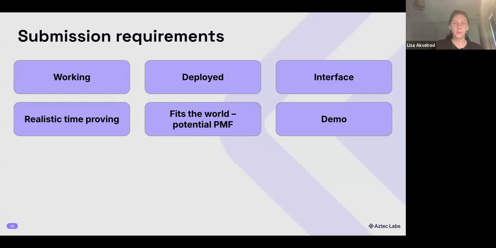It should have realistic proving time, meaning that, again, it depends on the particular case, but it might be maybe under a minute or something like that. A proving time of 10 hours does not sound like good UX. It should have potential product market fit, what we have been talking about most of this presentation, and it should have some demo so that people who will judge can get more understanding of your product, how it works, how you planned it, and so on and so forth.